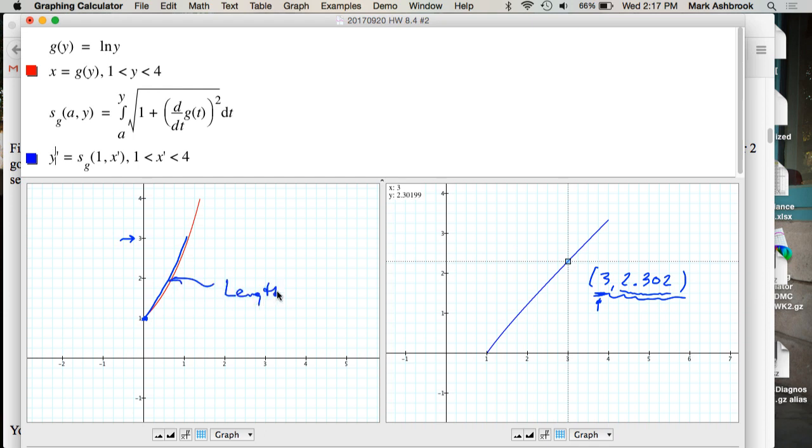So that length is 2.302. Because that's what this is, the arc length function starting from y equals 1, and it's going to tell me what length I've traversed on this graph as y increases. So these are values of y over here, and then these are values of arc length.